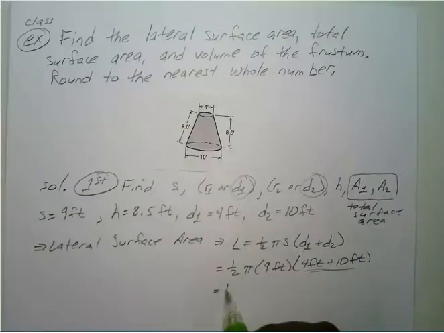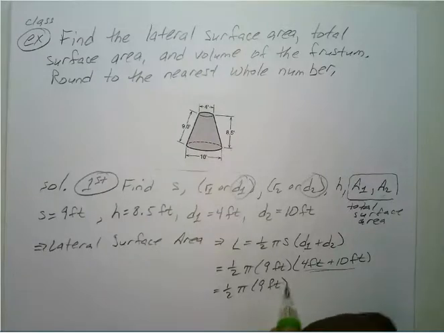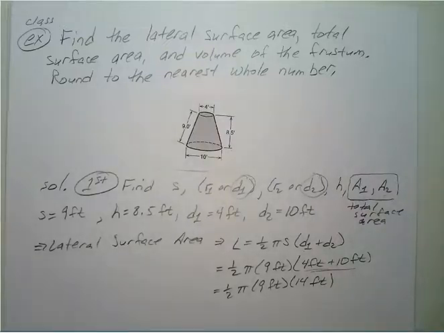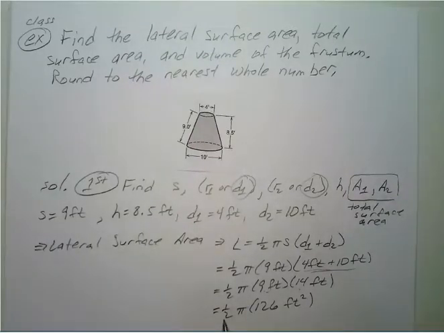Okay, so that's going to equal 1/2 times pi times 9 feet times 14 feet. Okay, so we can go ahead and combine these two. 9 times 14 is 126. So we have 1/2 times pi times 126 square feet. If you wanted to, you can go ahead and replace 1/2 with 0.5.